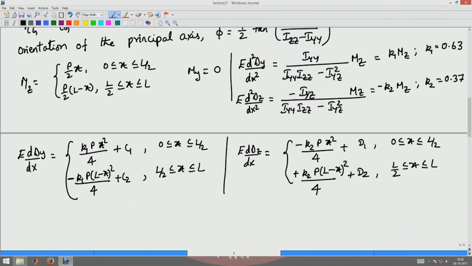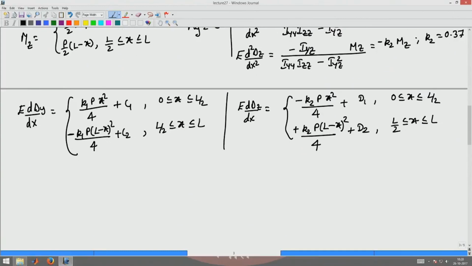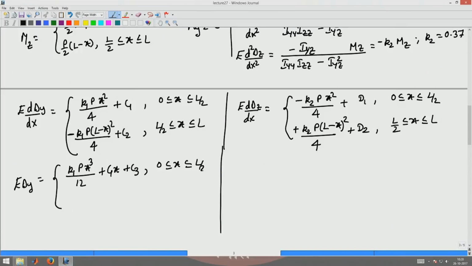Now integrating this once more, I get E times delta y to be k1 P x cube by 12 plus c1 x plus c3 for 0 less than x less than L by 2, minus k1 P L minus x cube by 12.